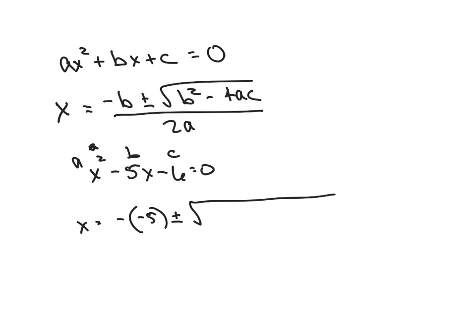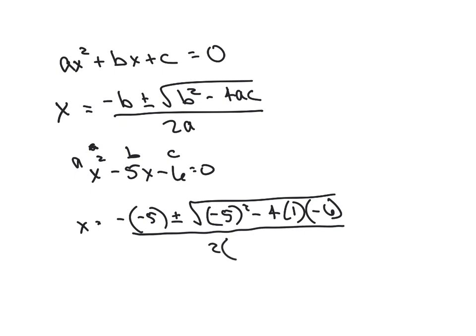So we're going to square the b, minus 4 times the number in front of a, or the a, and the number in front of x squared is 1, times whatever c is, and we look here and our c is a negative 6, all over 2 times whatever number is in front of our x squared, our a, which again in this case is 1.